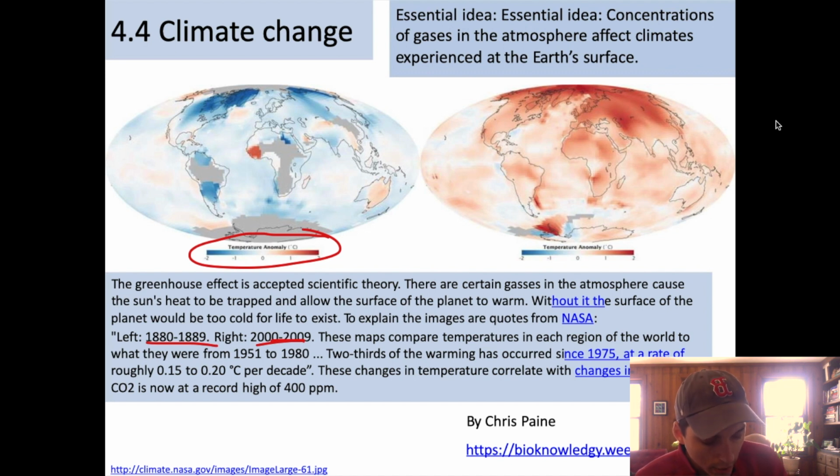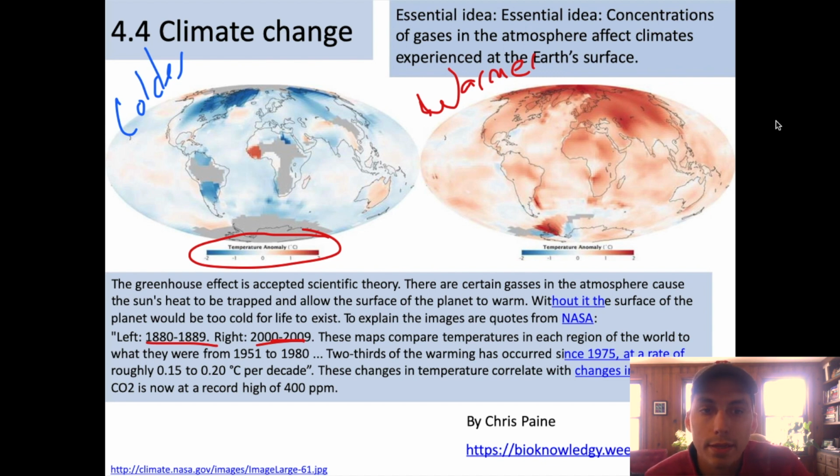So blue colors indicate colder, and red colors indicate warmer than average. On the left, temperatures were a little lower than normal on average, and on the right, they're a lot warmer. That shows us that over time, the climate has become a lot warmer than it was previously.